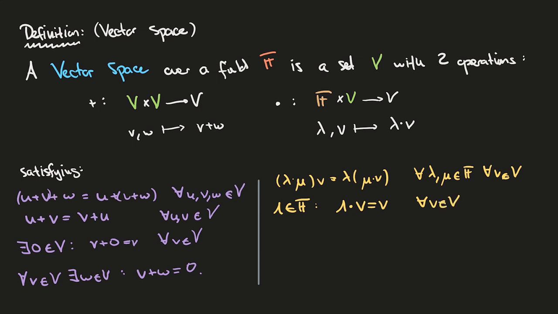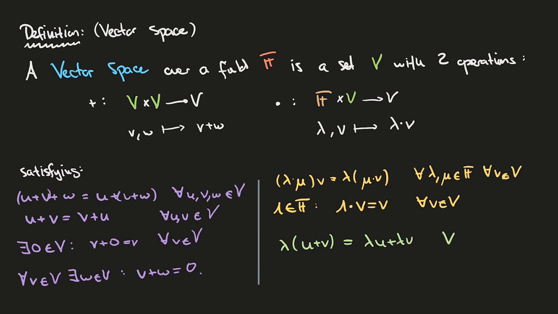Now the last axioms that we'll list will ensure that the addition and the scalar multiplication interact nicely together. And this will be the distributive properties. So we want that lambda times (u + v) is equal to lambda u plus lambda v.